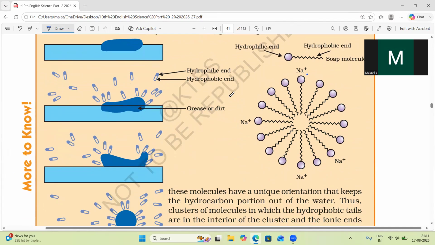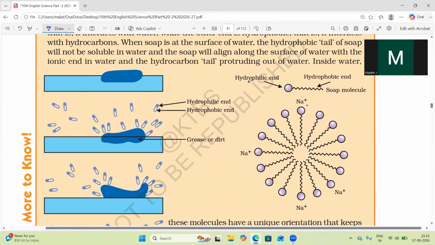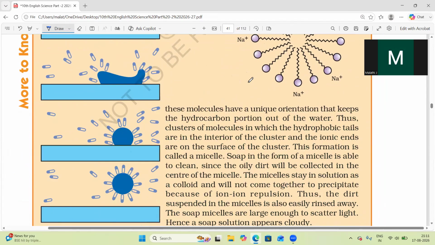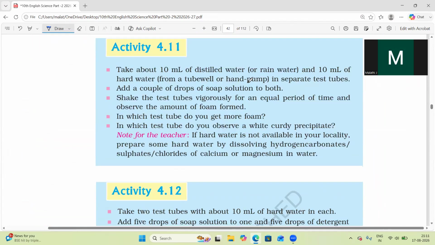Dirt will be present on your clothes, and the ionic end will be present outside, so this is how soaps help to clean the dirt.